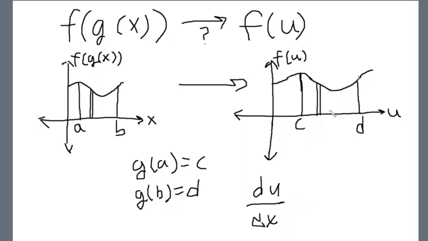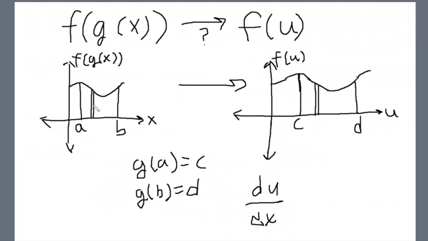So this rectangle is going to be du dx times as big as this rectangle. Therefore, if we want to resize this rectangle so it has the same area as this rectangle, we can just divide its width or height, whichever way you want to think about it, by du dx.